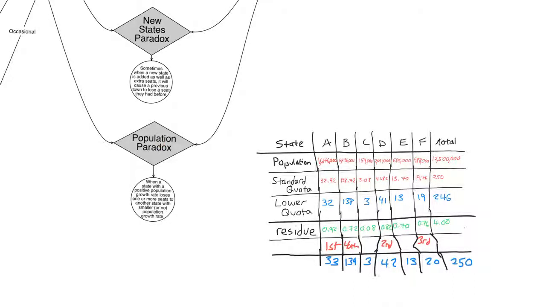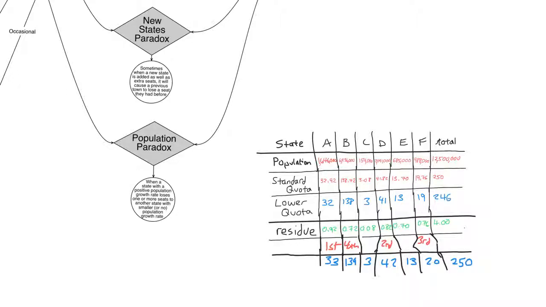The population paradox is when A paradoxically loses a seat, even though its population went up, and even if population B went down or stays the same, it will gain a seat. That's the population paradox. And once again, with Hamilton's method, the method that we just did, that can happen every now and then. It has to do with the residues and who gets the surplus seats based on the residue. Okay? So those are the three flaws with Hamilton's method.